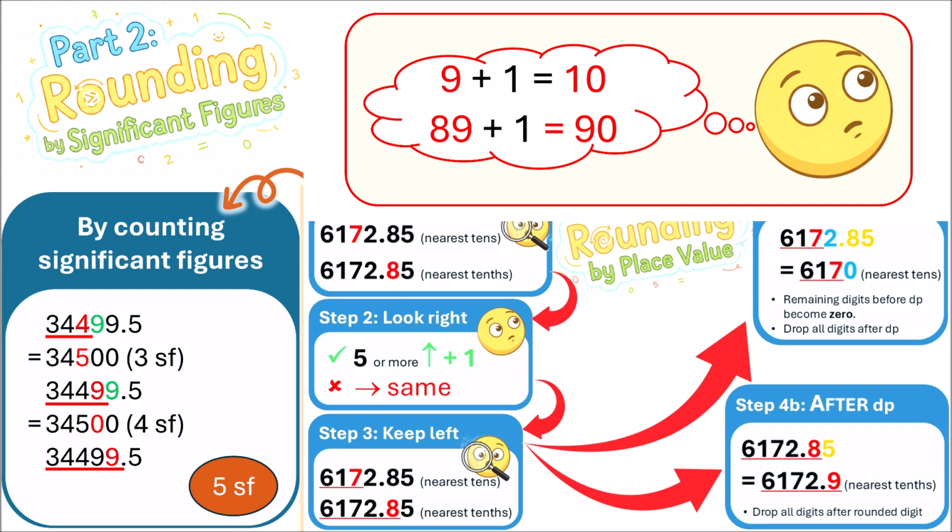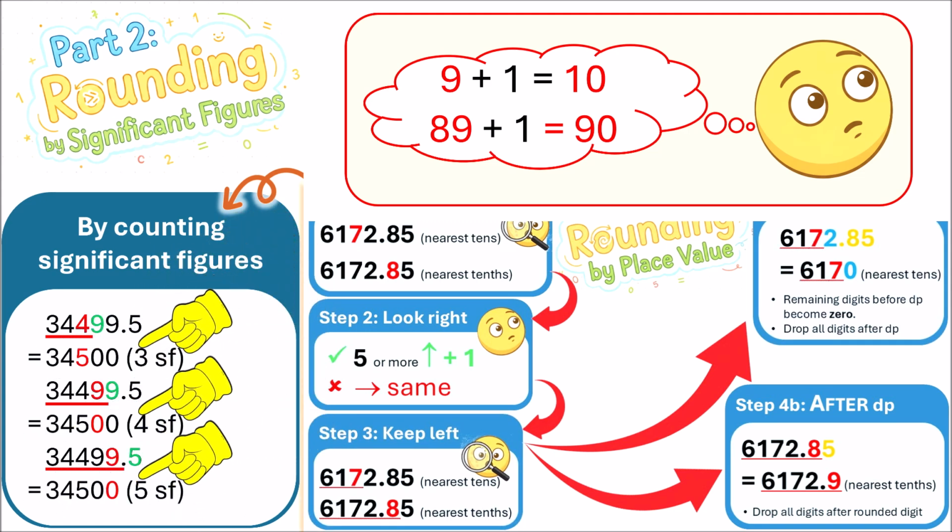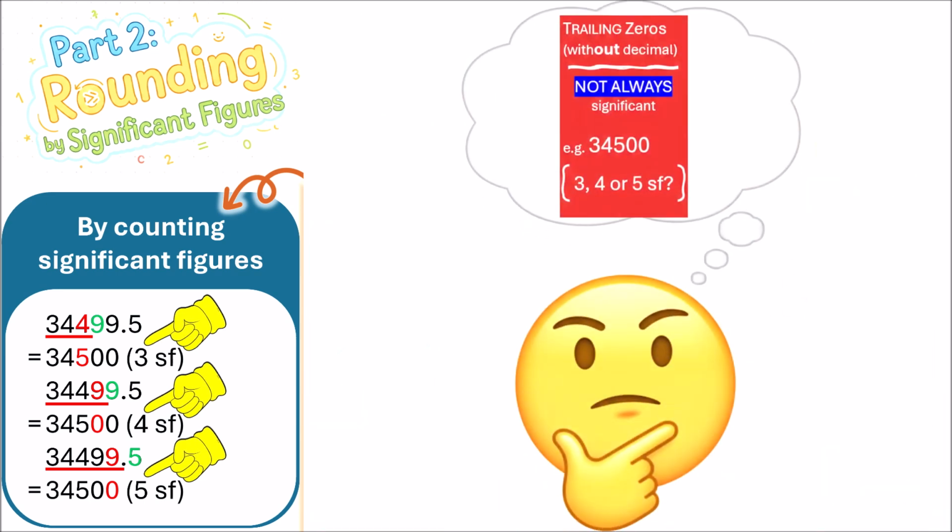Then we look right at the next digit, which is 5, and that's 5 or more. So the focus digit increases by 1, but again, adding 1 to 9 results in 10, as in the previous example. And we again get 30,500,000. See the same result in these 3 roundings. That's the reason why we said earlier that 30,500,000 may have 3, 4, or 5 significant figures. Not too difficult, is it?